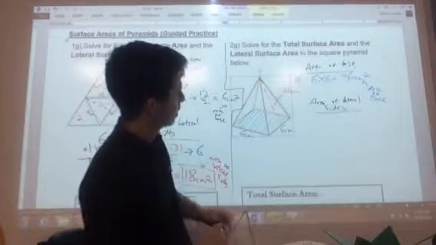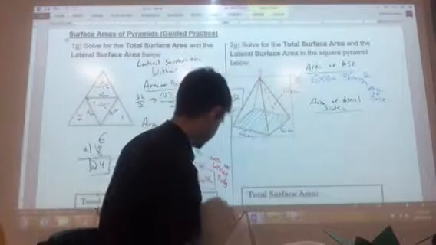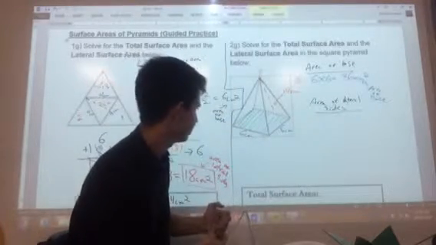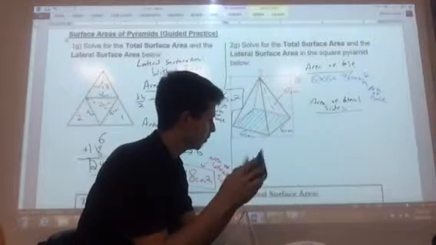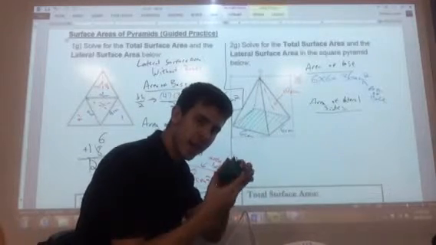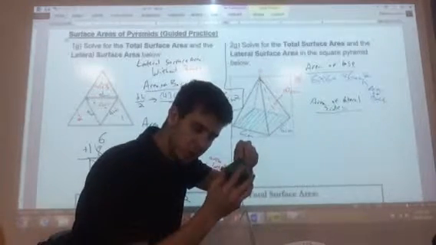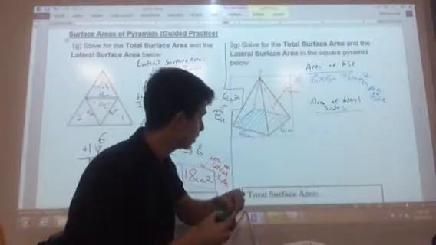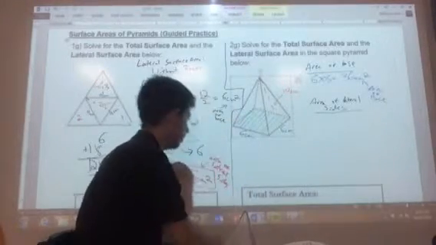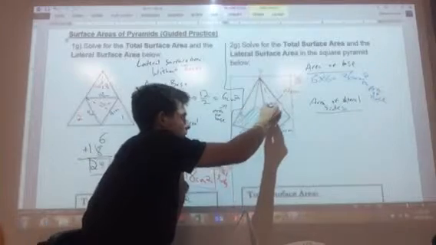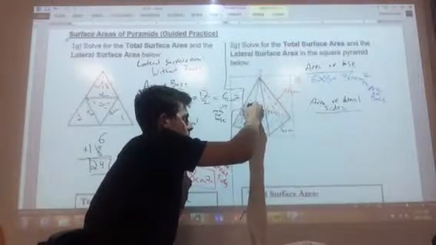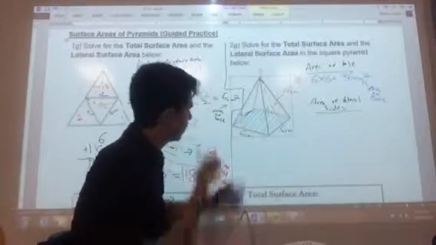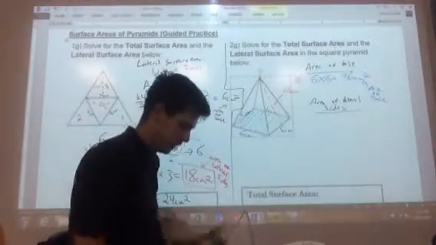So this number right here is the total area of the base. Now, area of lateral sides. Okay. Well, I'm given that this is 6, and I know that if it's a square pyramid, then they're all going to be 6. So every single base is going to be 6. And I also know that the heights are also going to be the same.